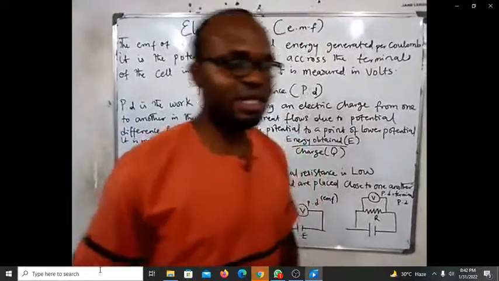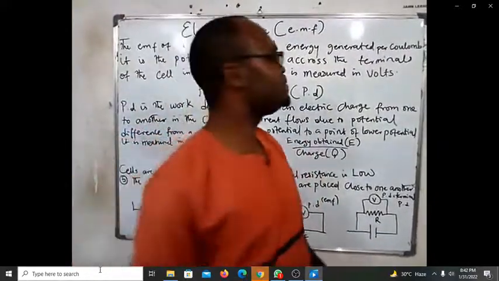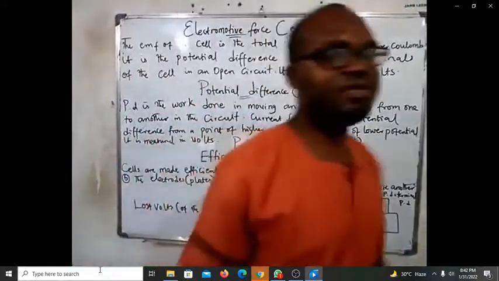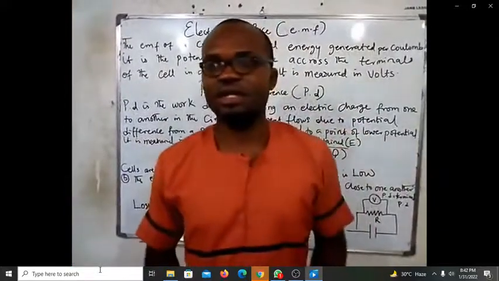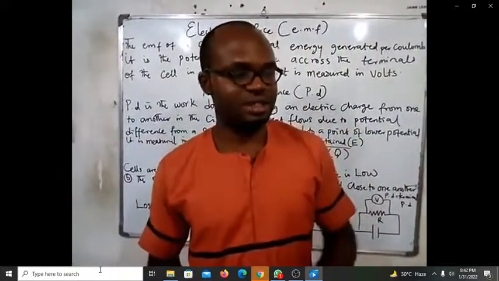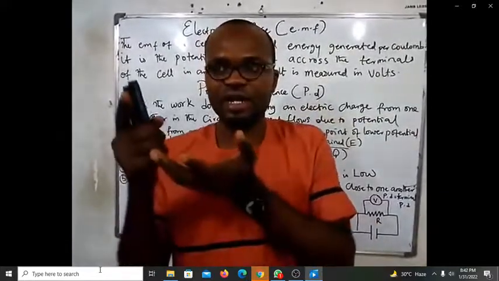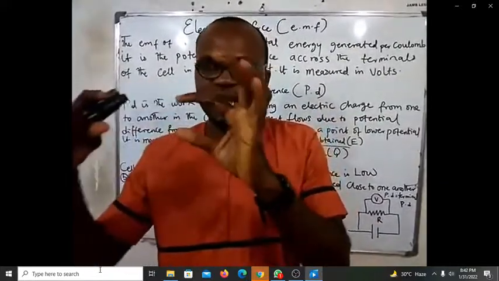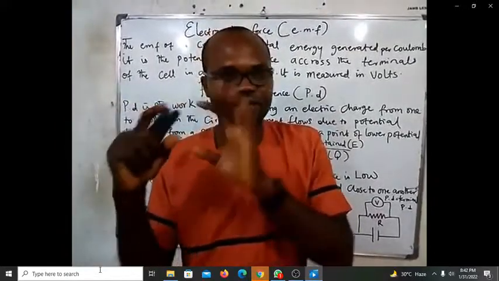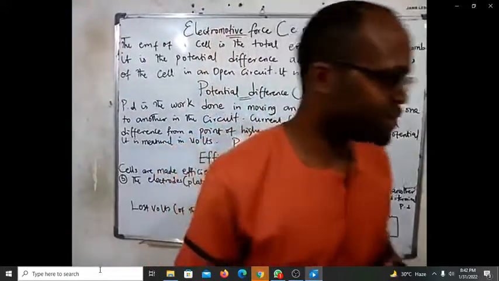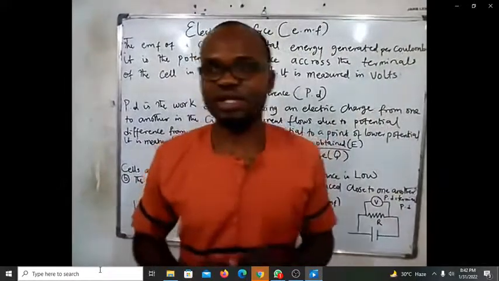What is electromotive force, EMF? I told us in the previous class that electric current flows whenever there is supply of charges from a cell. Normally we call a cell battery.